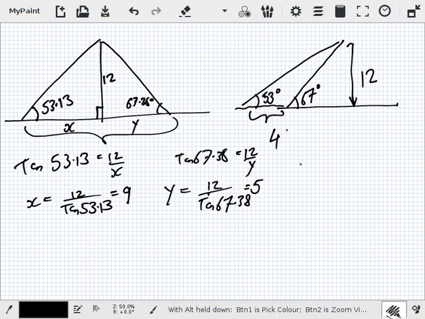Find the height. It's just like the example I did of the tower. Were you able to disassemble it? Yeah, okay. One meter.